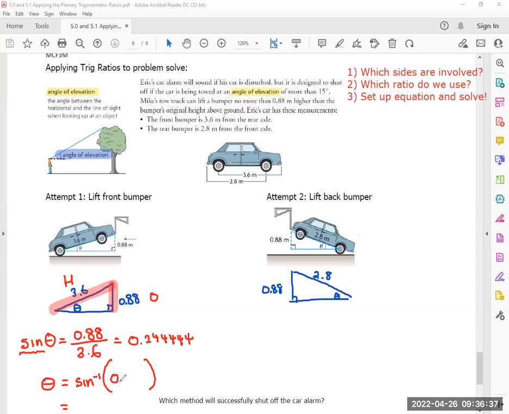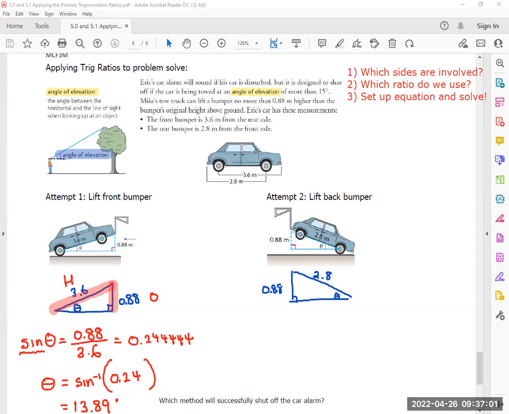But some of you are probably just going to put in 0.24 or whatever. Okay, so let's be consistent, just 2 decimal places. Inverse sine of 0.24 is approximately 13.886, so 13.89 degrees. Does that clear my 15-degree limit?